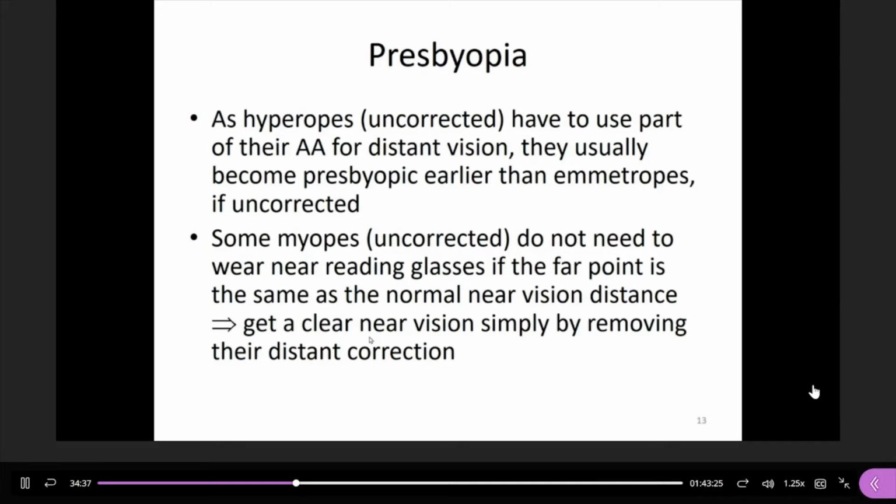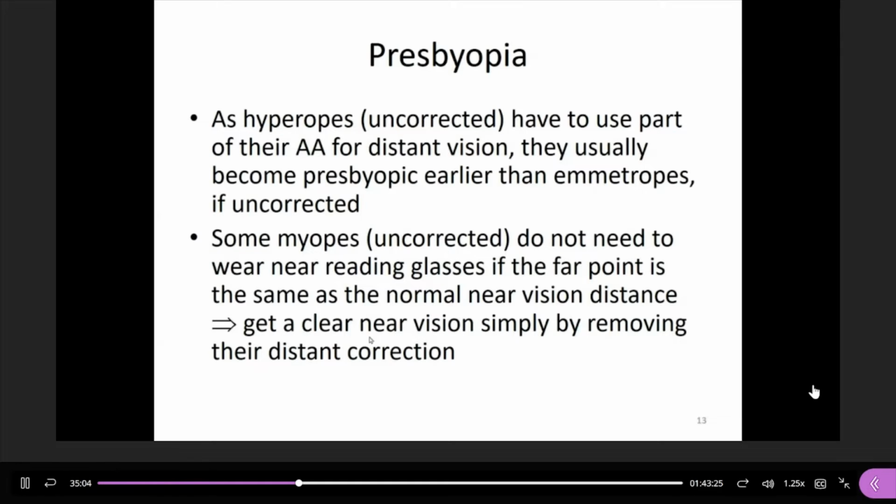Remember when we discussed the optometer, 3 diopters of myopia means the far point will be at 33 centimeters in front of the eye. So if you put something at 33 centimeters, you don't need to accommodate. That is like a perfect fit.